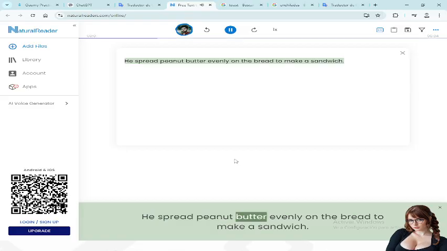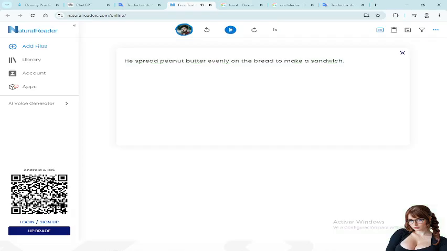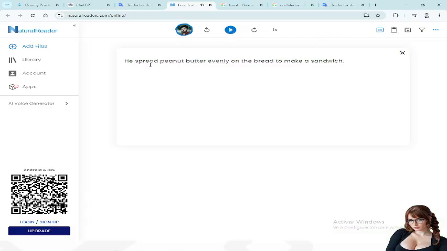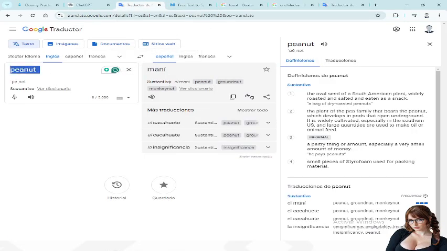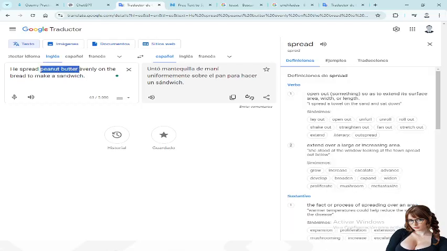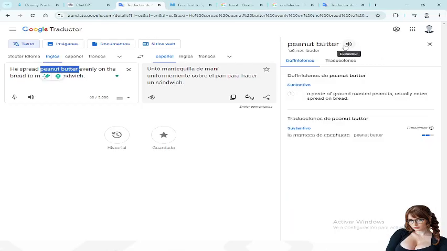He spread peanut butter evenly on the bread to make a sandwich. Okay, repeat. He spread peanut butter evenly on the bread to make a sandwich. But if we want to practice only one or two words, we can use Google Translate too. Peanut butter.